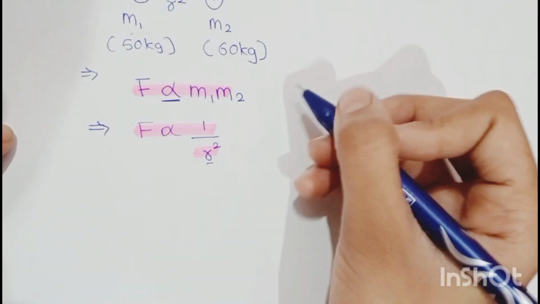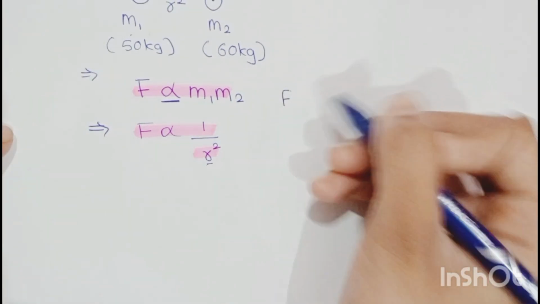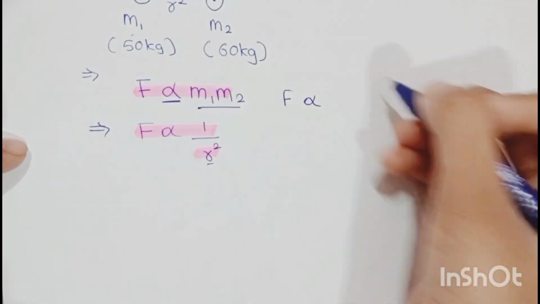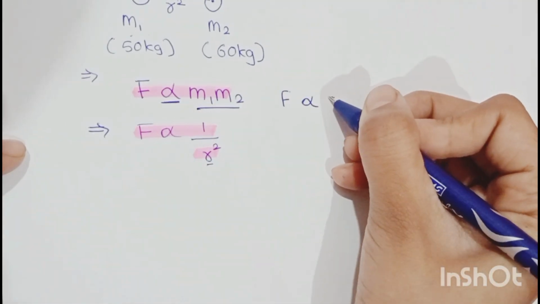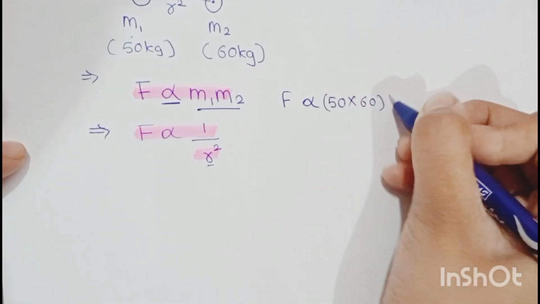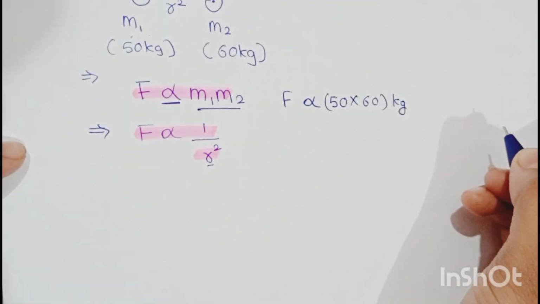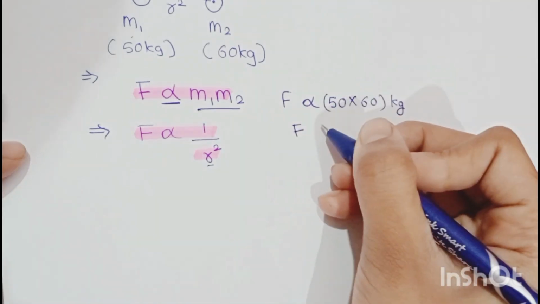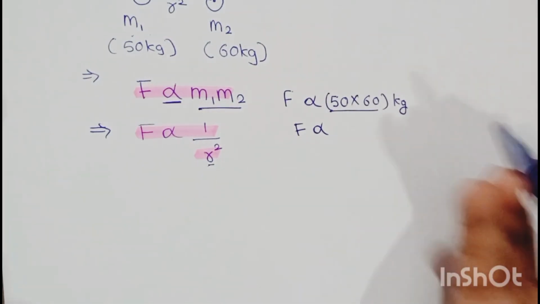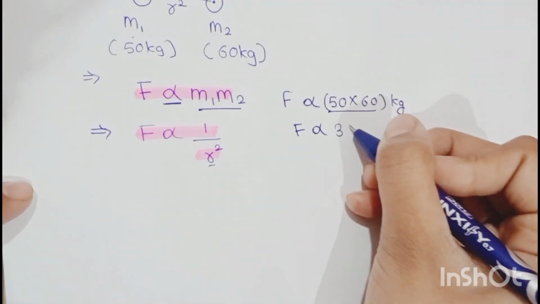So now let's see force. Let's take force as F. Now it is directly proportional to the product of m1 and m2. Now m1 is 50 and m2 is 60 kg. It is directly proportional, so force is directly proportional to 50 into 60, which is 3000.